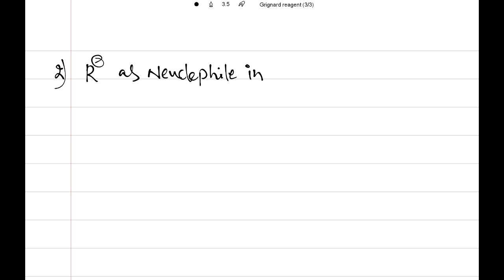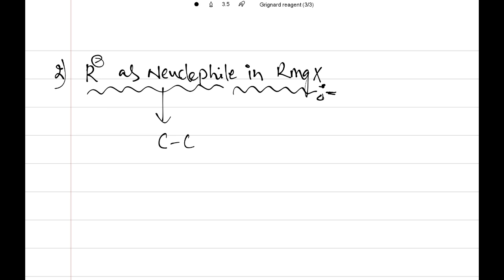This is very important, so majorly questions will be asked from this one in the NEET and JEE examinations. So what is the main function of this nucleophile in RMgX? The main application is nothing but C-C bond formation.